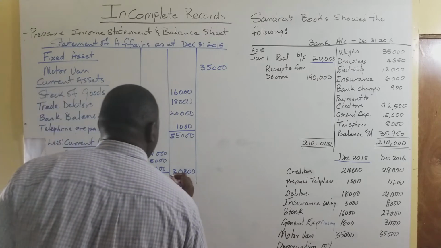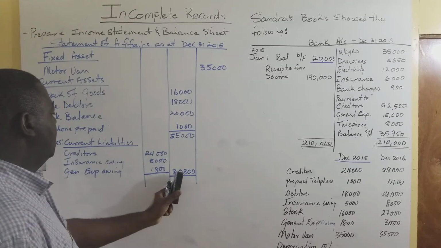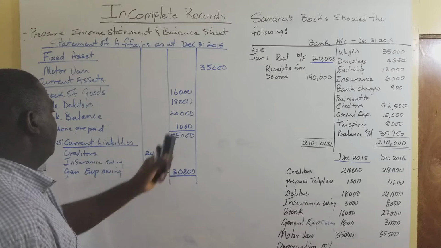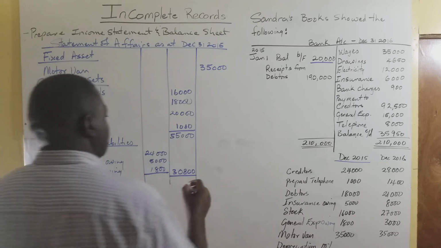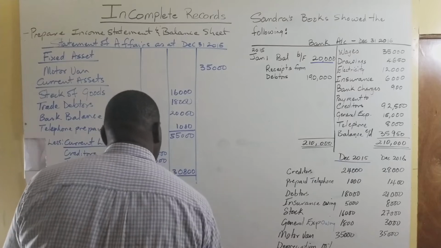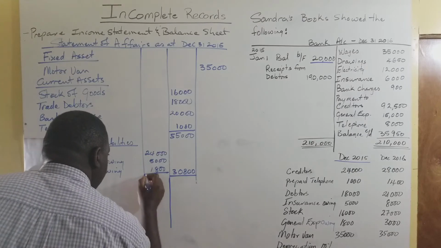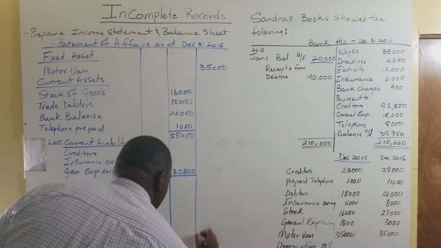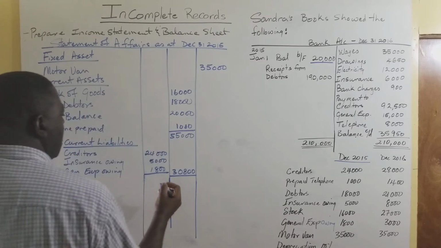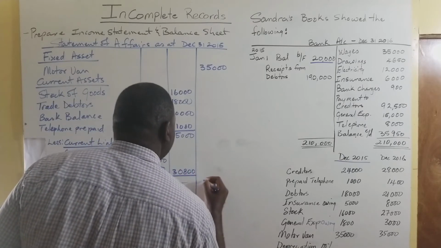All right, so we can add. Sorry, we want to subtract now the total current liability from total current asset. And let me extend here. So this is subtracted. We're going to be having the figure here.